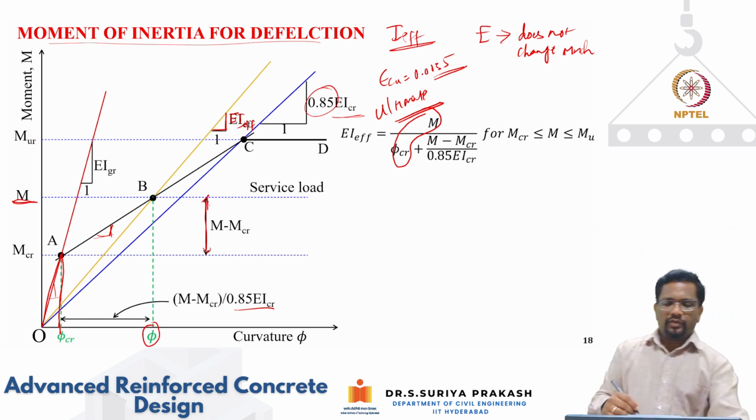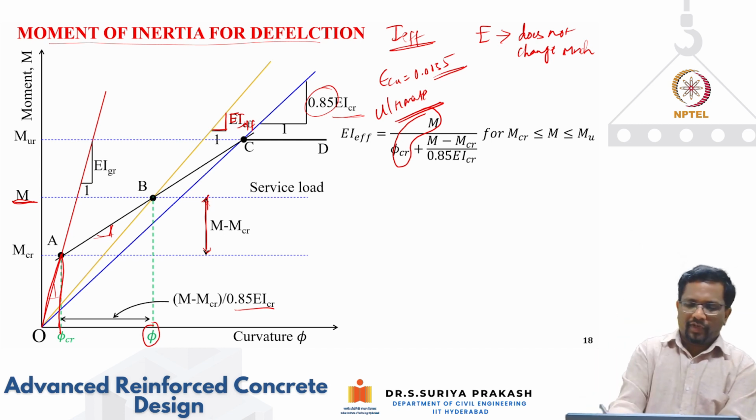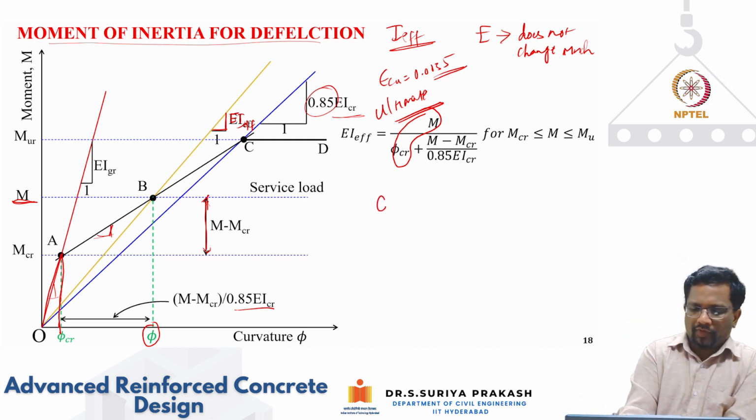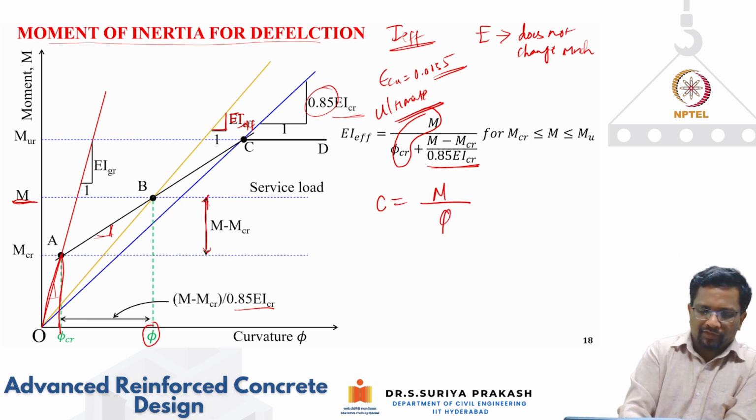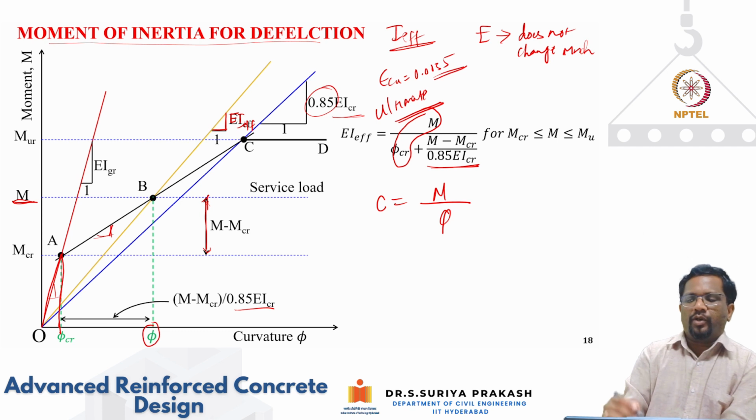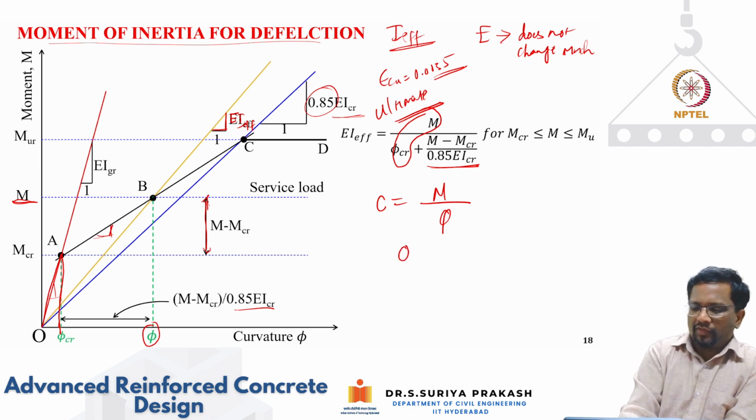In other words, for the cracking moment, M by phi R is going to be your curvature at cracking like this. So this is the additional curvature that we are getting. So what is the total effective? EI effective is going to be the applied service moment divided by the curvature. So I'm interested in calculating this phi. Now how do we get this phi? This phi is the summation of phi cr plus (M minus Mcr) by 0.85 EIcr.